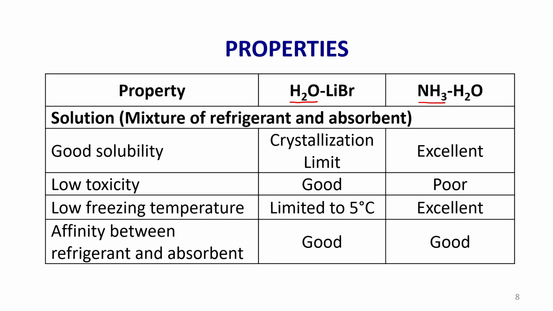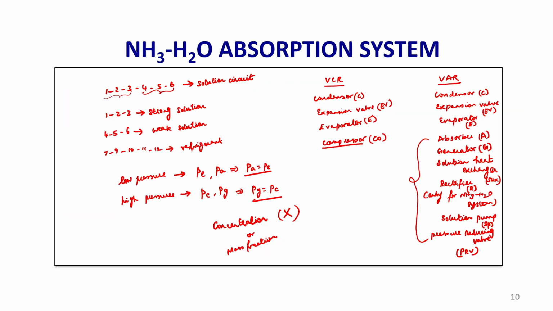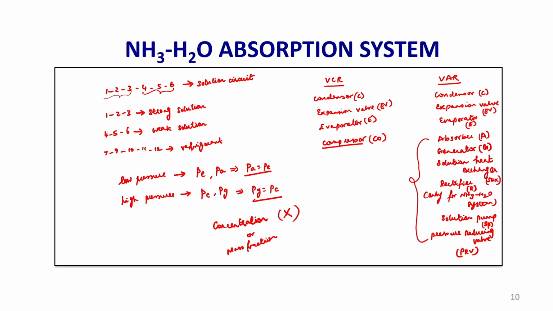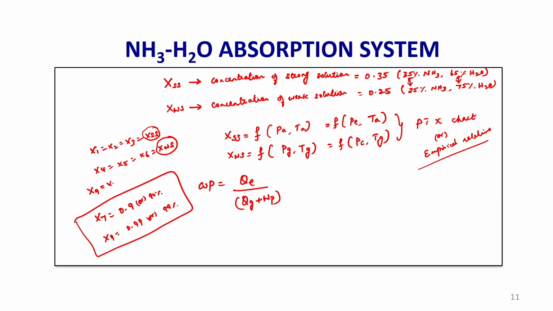So, let me write it here. The concentration at points number 9, 10, 11, 12: X11 equals X12, that is the concentration of the refrigerant, which is equal to 99 percent, or 0.99.